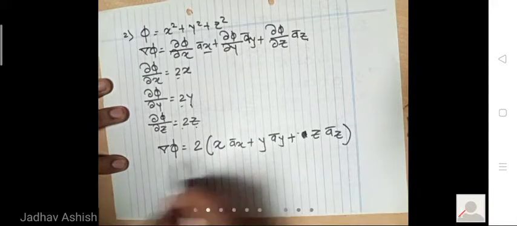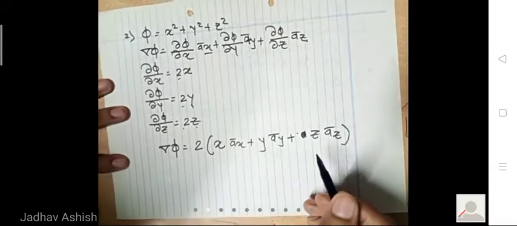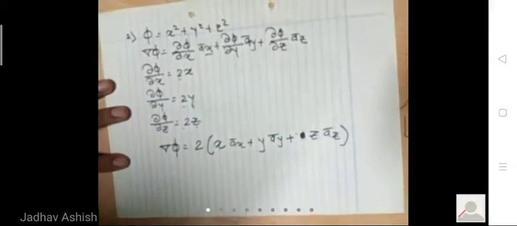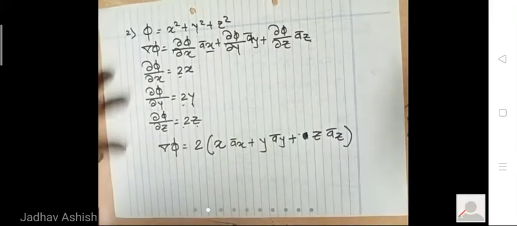So this is the final answer for gradient of phi, where the function phi is x square plus y square plus z square.